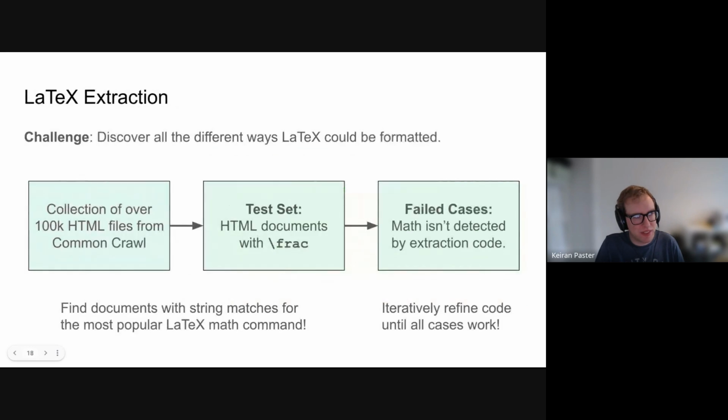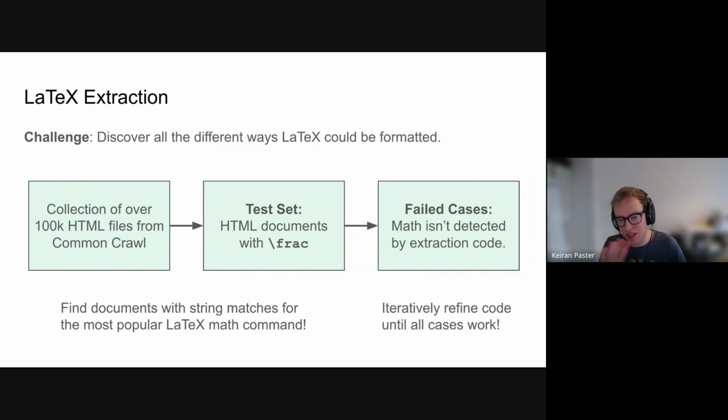The challenge for us was, okay, let's go back and figure out all the different ways LaTeX could be formatted in Common Crawl and make sure we support everything. To figure out all the different ways it could appear, we gathered over 100,000 HTML files from Common Crawl, and we filtered it down to documents with \frac in it. The reasoning here is that this is the most common LaTeX command that appears in math.